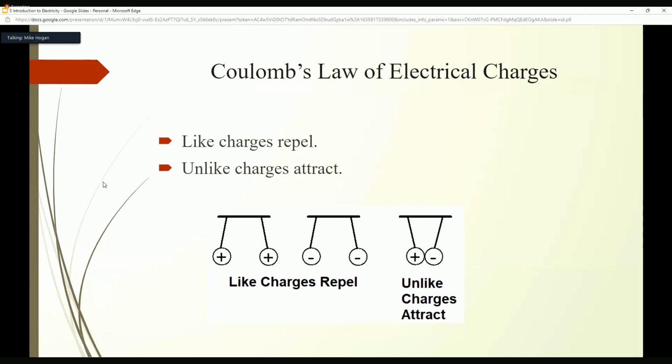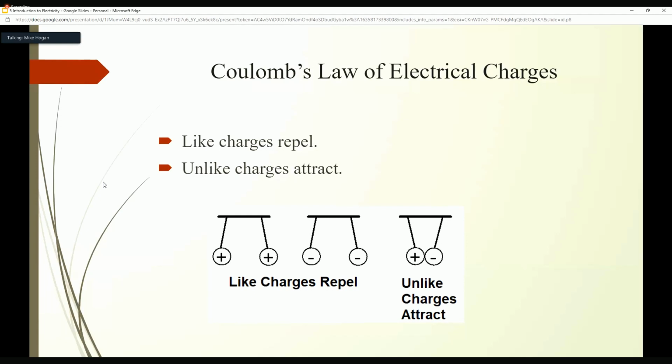And then the very next thing that you do is you flip one magnet around. And so now you've got the positive side of one magnet, and you try to push it together with the positive side of the other magnet. And you can tell there's that resistance. It just doesn't want to go together. It feels like there's something in between those two magnets. And it's those charges that are repelling one another, that are pushing against one another, right? And so like charges repel, unlike charges attract.